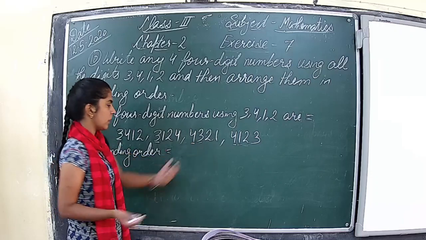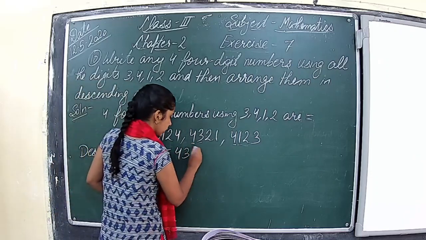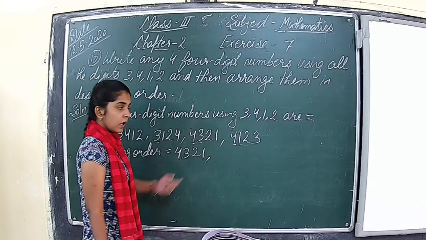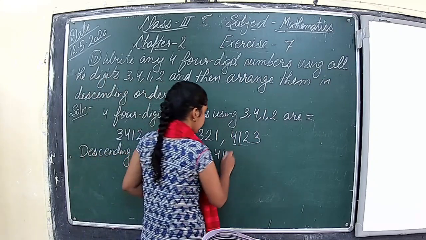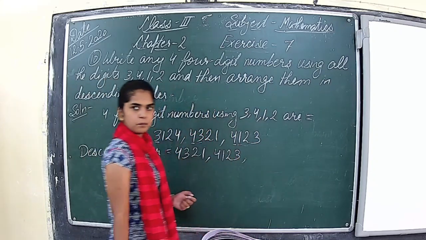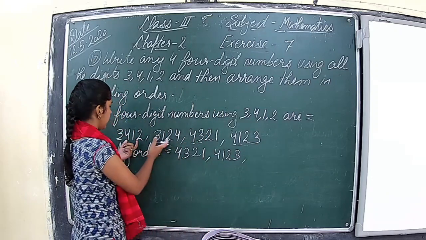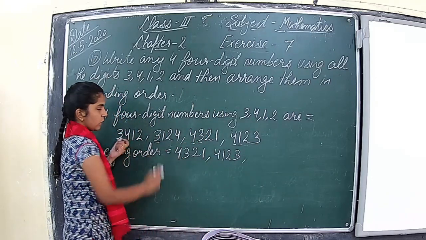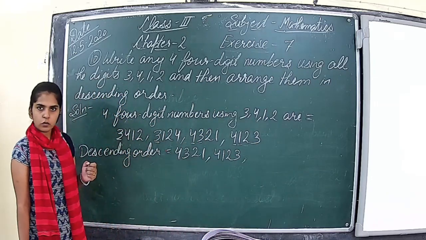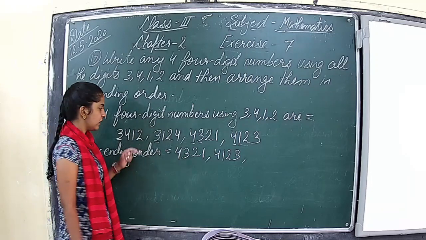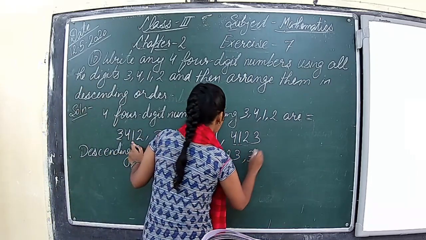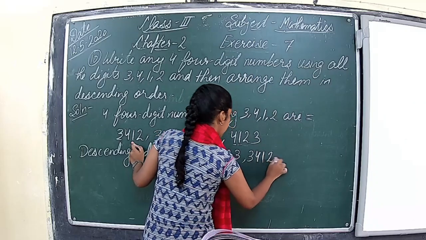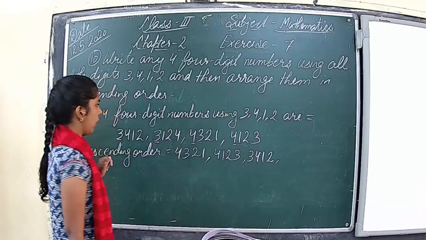So it means first number will be 4321. Next number will be 4123. Okay, now here 4 and 1, which is greater? You will say, ma'am, 4 is greater, right? So, 3412. Okay?